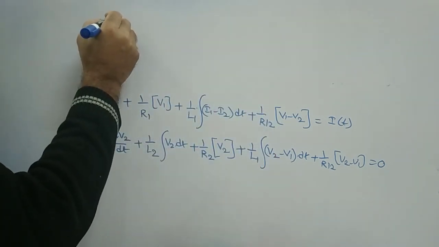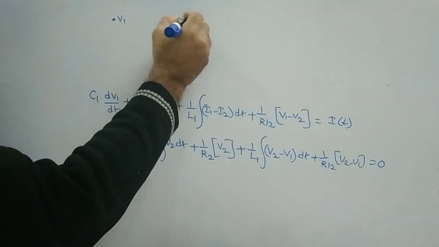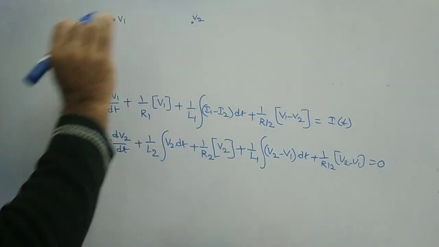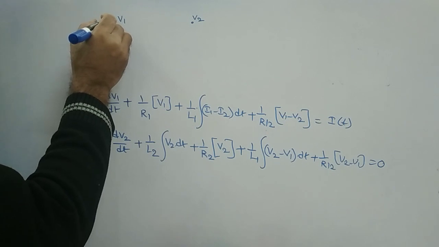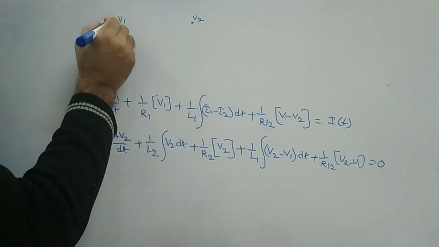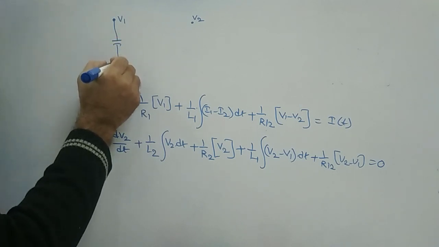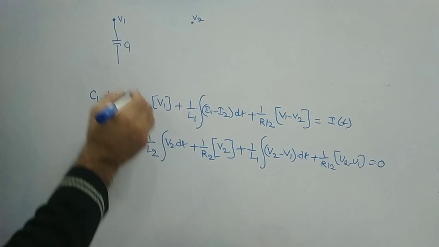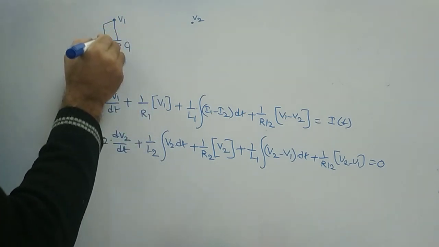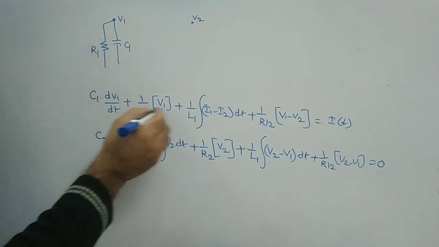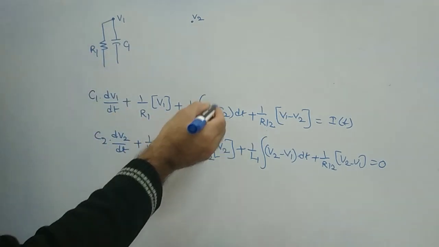Let us say this is V1 and this is V2, the nodal voltages. You can represent everything with respect to a node as a parallel combination. C1 is definitely there here, then R1, this is R1, and this one is 1 by L1, which is common.